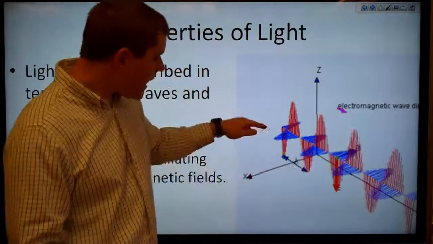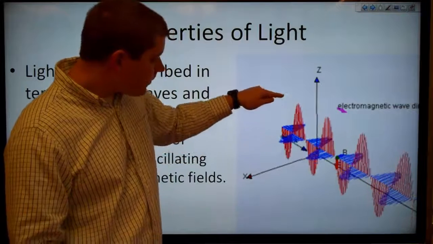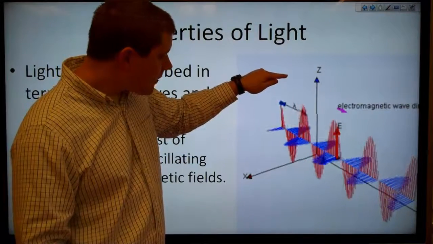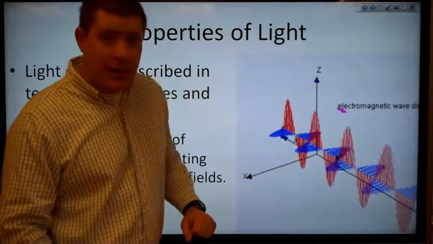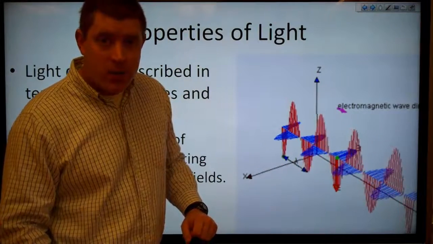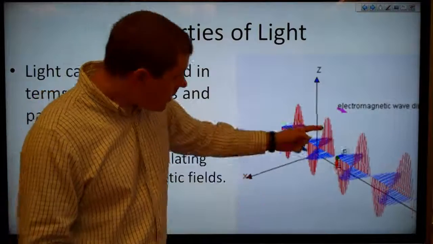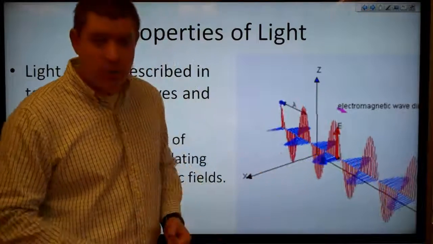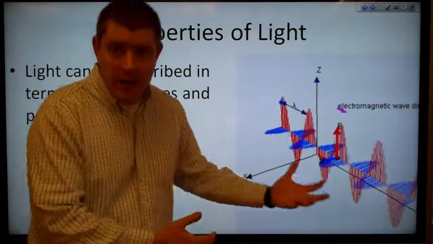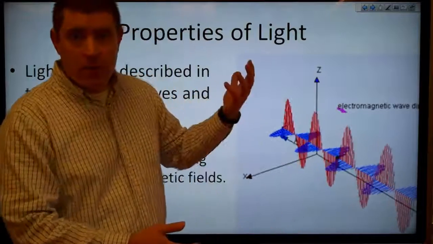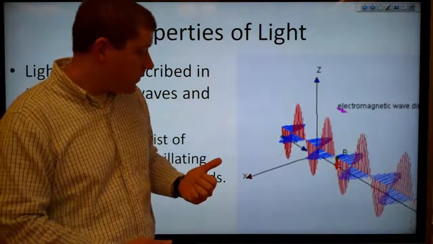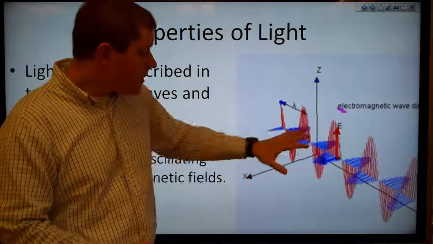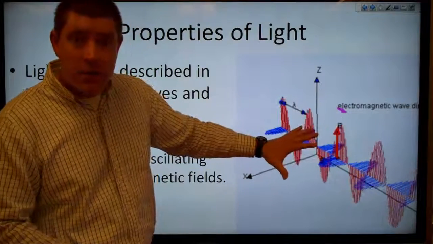And so you see that as the electric field gets larger, the magnetic field gets larger as well. And then as they pass through zero, they're passing through zero together, and then they're at their minima, and then they go back to zero, pass through zero, go up to the maxima, and so on. And so in this way, we have waves.